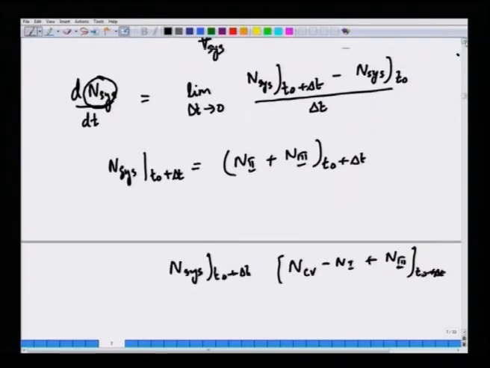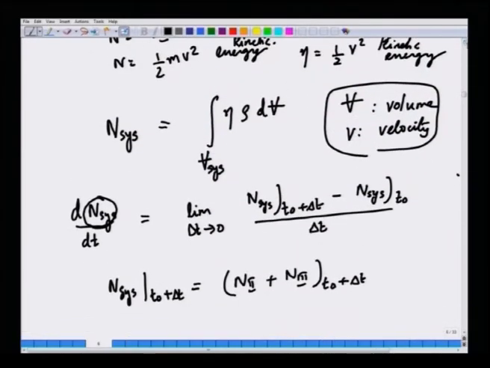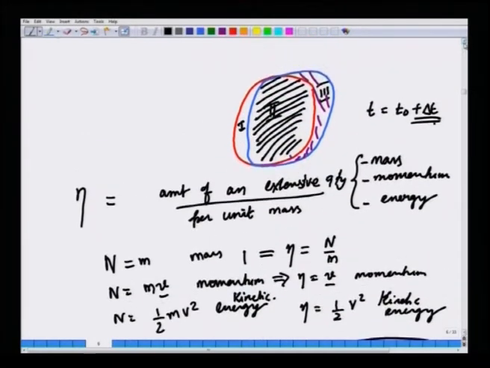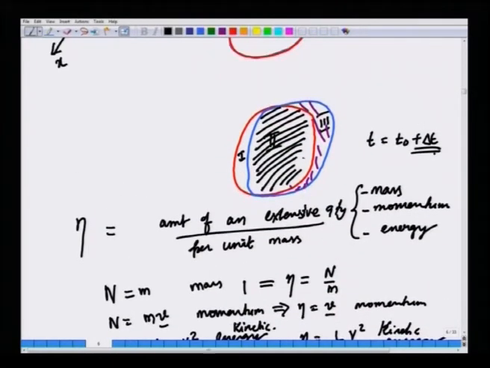To appreciate this better, we look at the figure. N system at time t0 plus delta t, which is the blue line, is nothing but N2, which is hatched by black lines, and N3, which is hatched by violet lines.